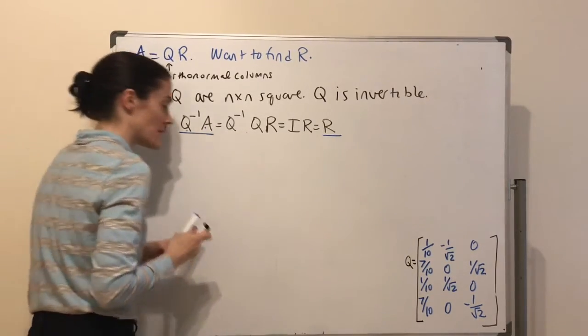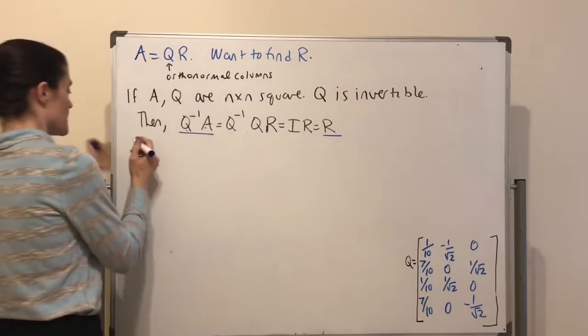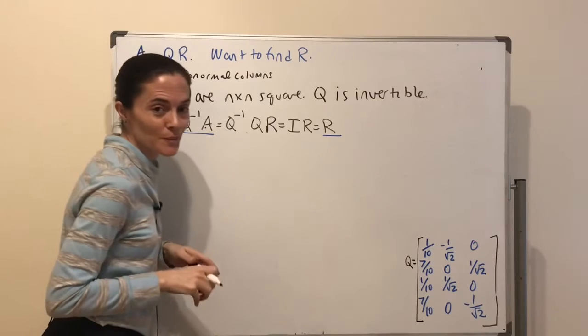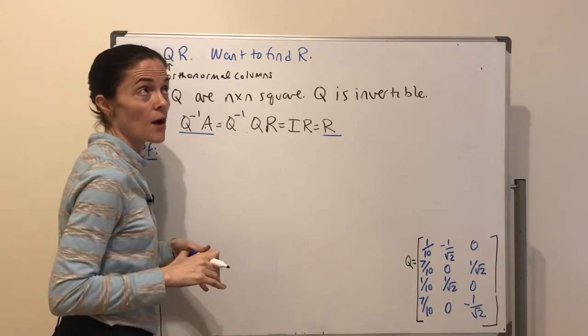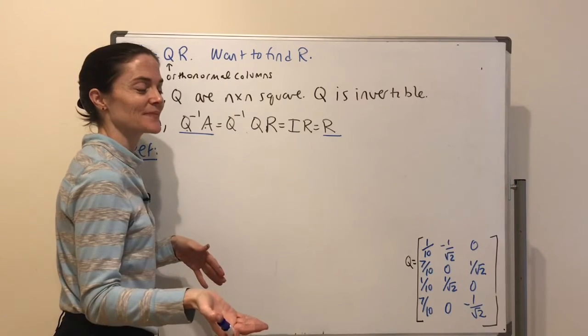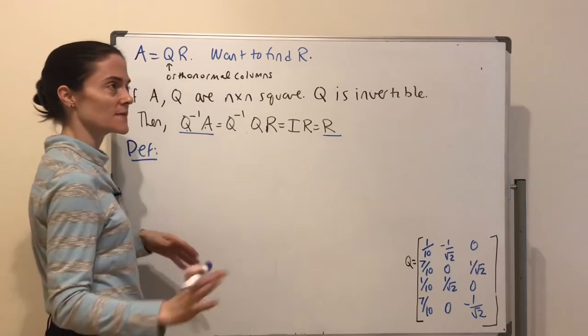And now we will define the transpose. So definition, I will just define it in terms of Q because that's what matters now. And then I'll talk about the transpose in more generality next section. In fact, it's a big focus of next section.